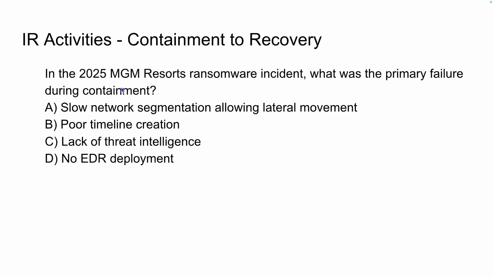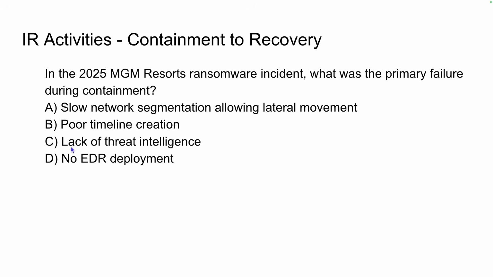In the 2025 MGM Resorts ransomware incident, what was the primary failure during containment? Slow network segmentation allowing lateral movement, poor timeline creation, lack of threat intelligence, no EDR deployment. So we don't know whether or not they had EDR in the first place. I'm assuming that they did. If they did not, that's just embarrassing. That's really, really bad. Lack of threat intelligence could have been the case, but we also don't know that for sure either.